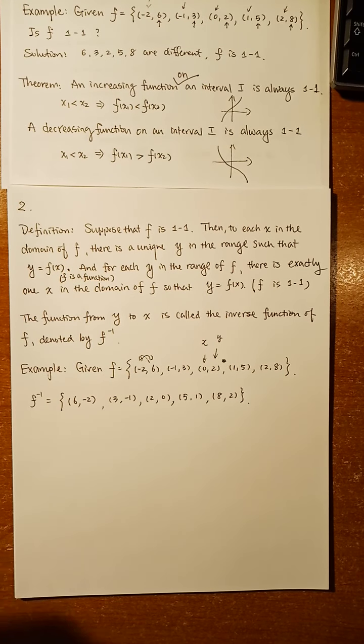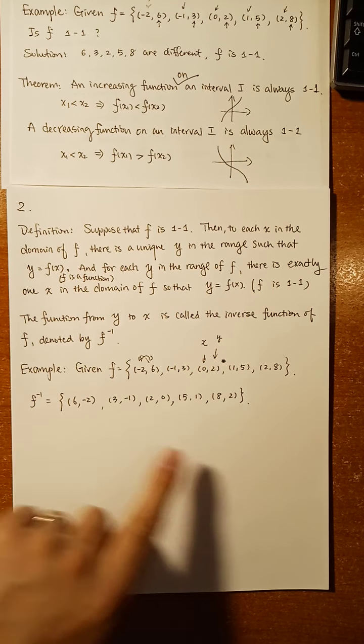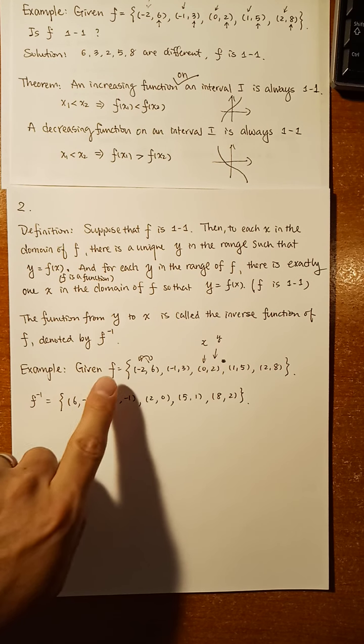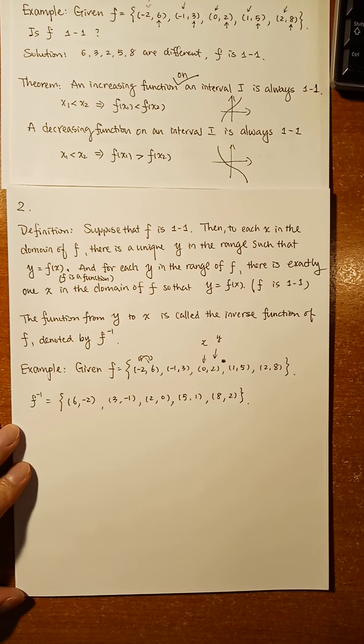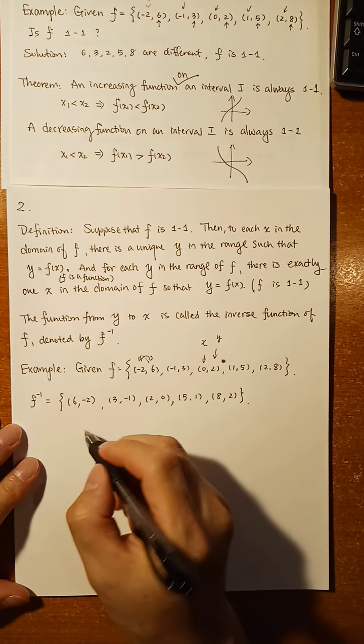Whenever you talk about inverse, you already have one function, and then you can talk about the inverse. If you do not have a function, then there's no inverse. This is a brand new function. It is inverse to the original f. They are actually paired. So exchange x and y.